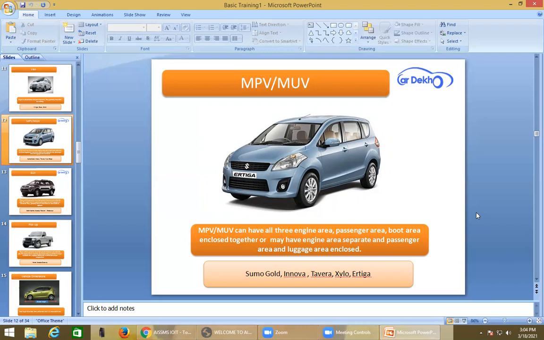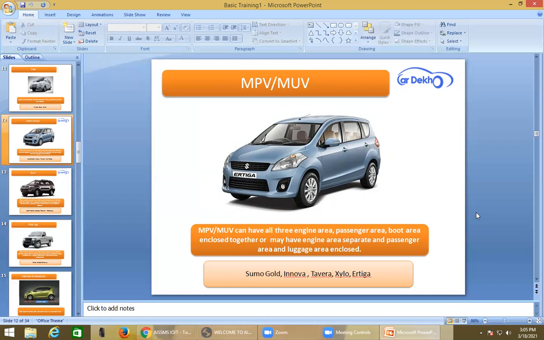So these types of vehicles are called a multi-purpose vehicle or multi-utility vehicle.